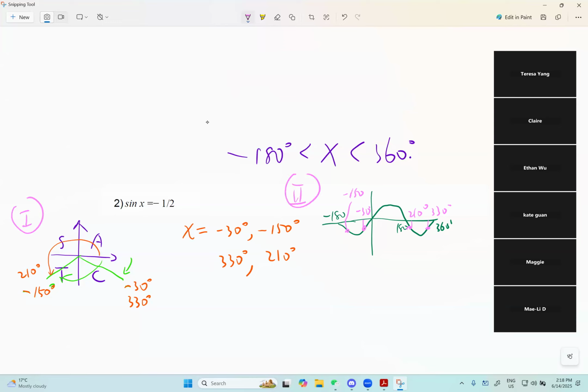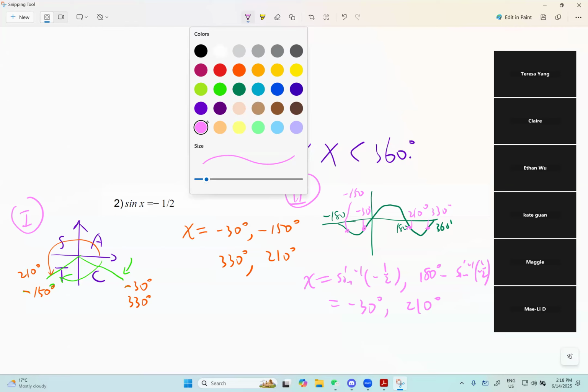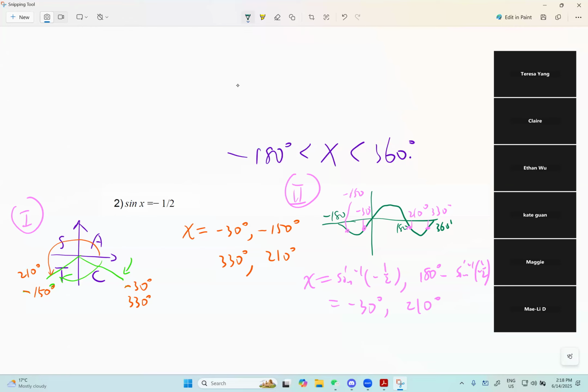If we use formula, x equals sine inverse negative half, or 180 minus the answer. Sine inverse negative half give you negative 30. 180 minus it give you 210. If you need more, plus 360, give you 330.